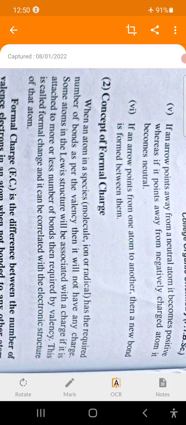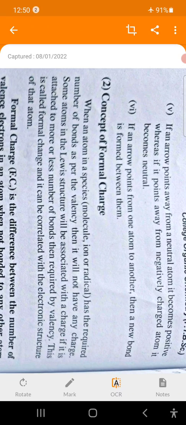Then if an arrow points away from a neutral atom, it becomes positive. Why does it become positive? Because the arrow points away from the neutral atom, that means that atom loses electrons, and therefore it becomes positive.